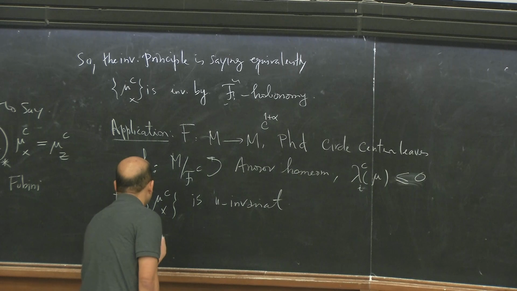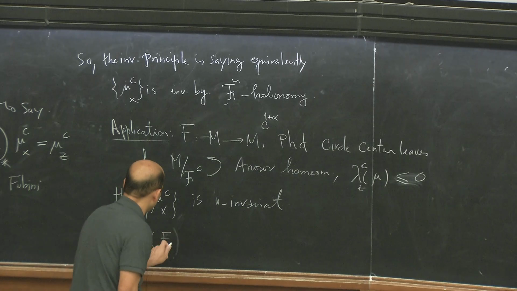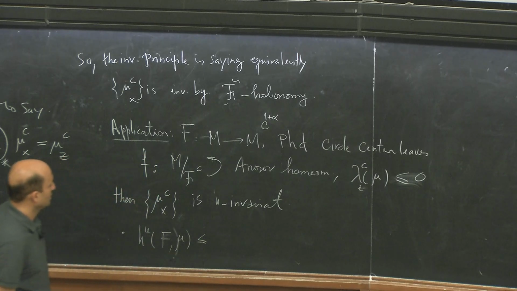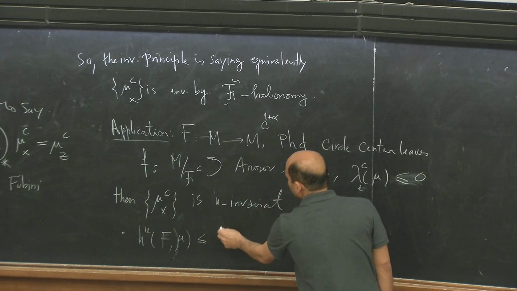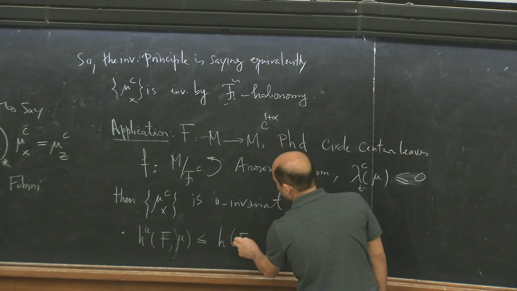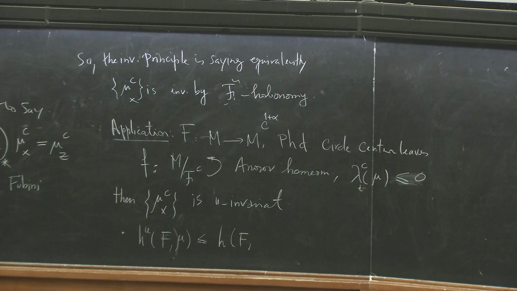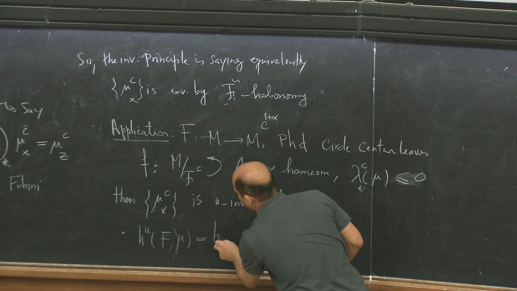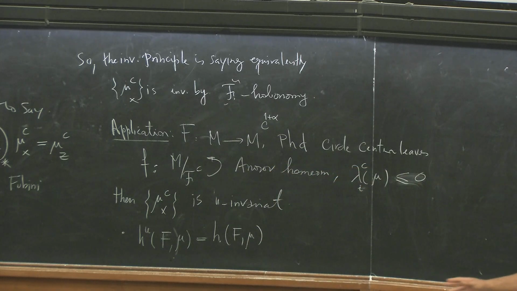You know that the unstable entropy of F with respect to the measure mu is equal to the entropy of the measure. The unstable entropy is equal to the full entropy of the measure.